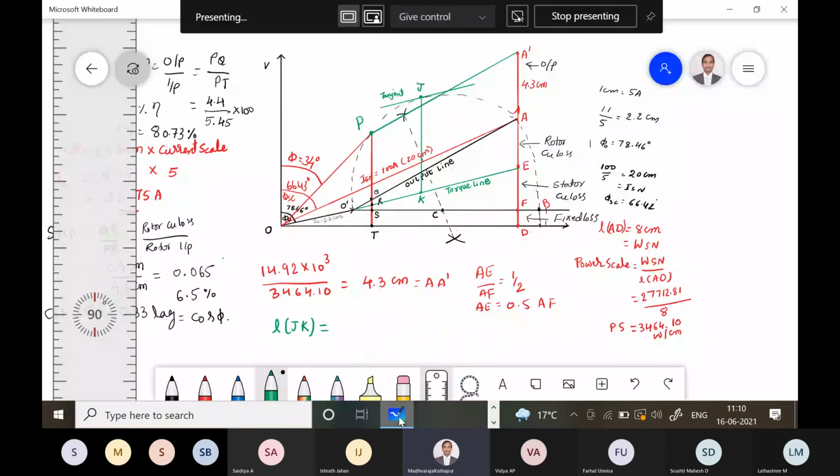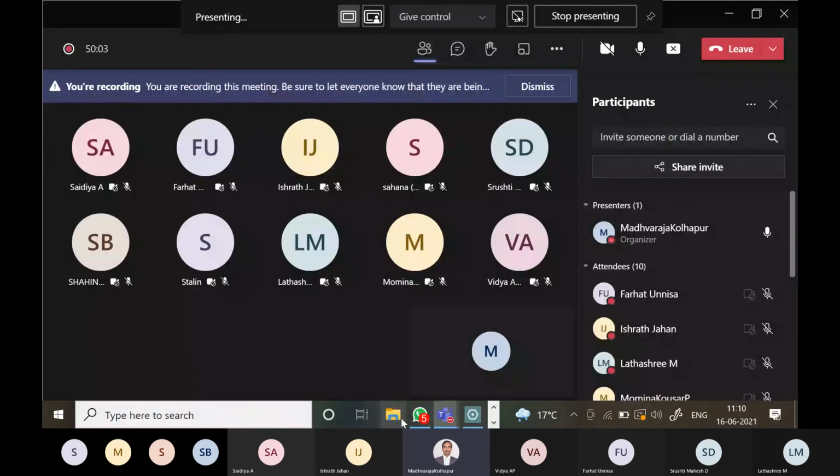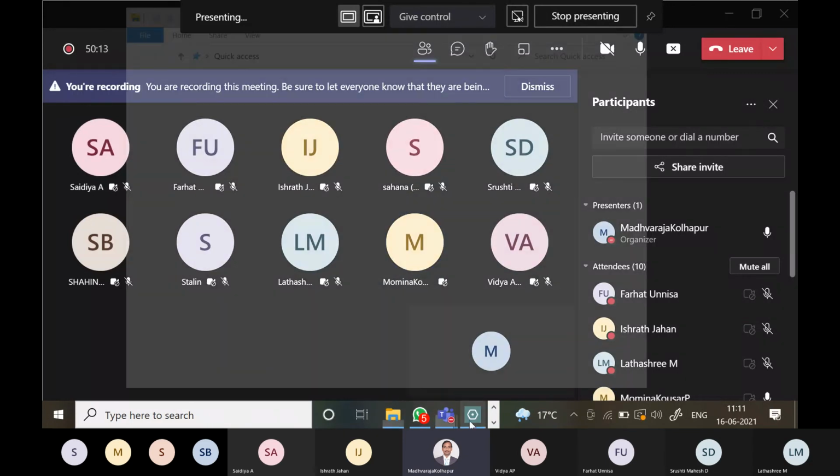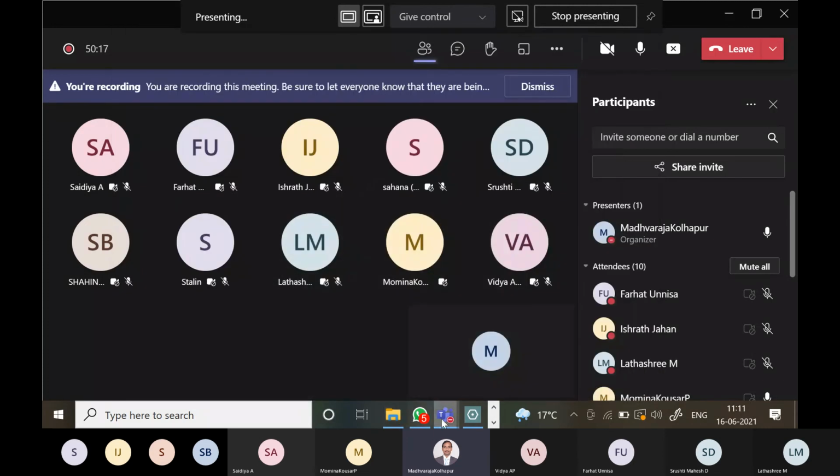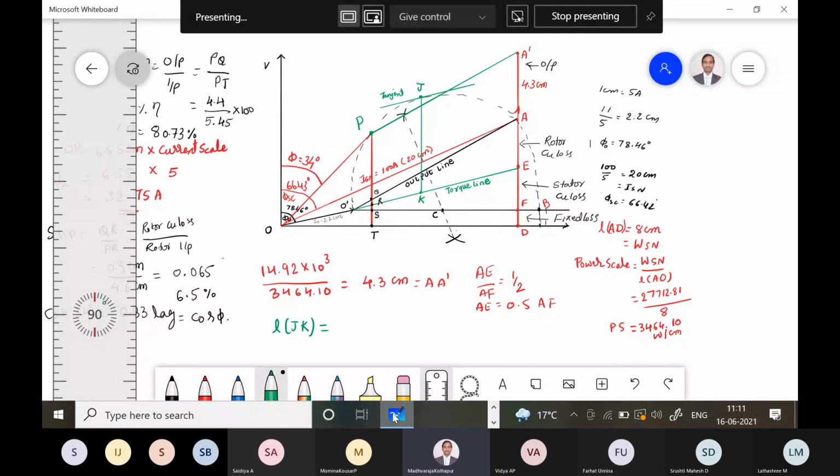Srishti? Momina Kausar? Yes, sir. What is the length of JK? 7.6, sir. 7.6, okay. I got 7.7, no problem. 7.7 centimeter.